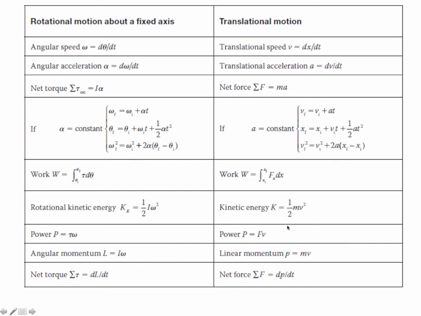We didn't talk about power, but we certainly pointed out that angular momentum, defined as moment of inertia times angular speed, is a very important property of rotational motion, and it's a conserved property just as linear momentum in linear mechanics.